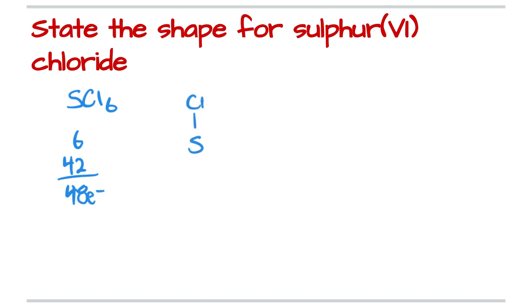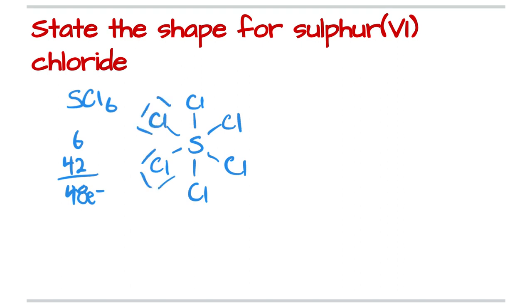Let's go central atom. We'll put our 6 chlorines around that sulfur and fill the valence shells of the outer ones. Okay, so that's all full. If we count them up now, there are 48 electrons here, so our Lewis structure is correct.